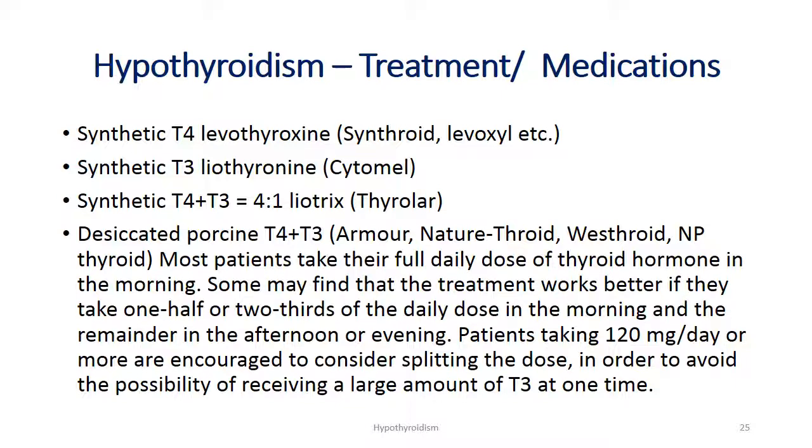This is especially true of patients taking 120 milligrams or more, and they are encouraged to consider splitting the dose in order to avoid the possibility of receiving a large amount of T3 at once when they're using desiccated porcine.